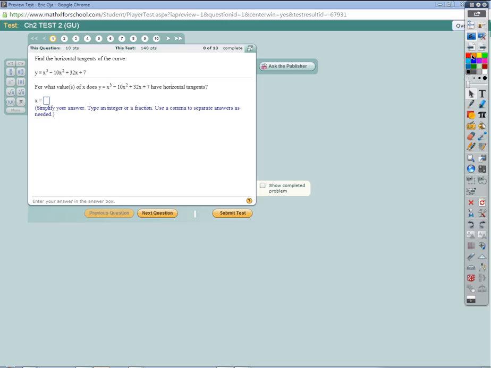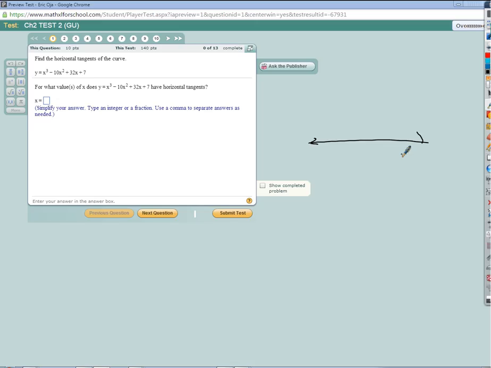Well, the equation of a horizontal line is y equals a constant, whatever the y-intercept is. So once I knew what the x values were, I could plug those in and find the corresponding y values. I would have two answers, yes.